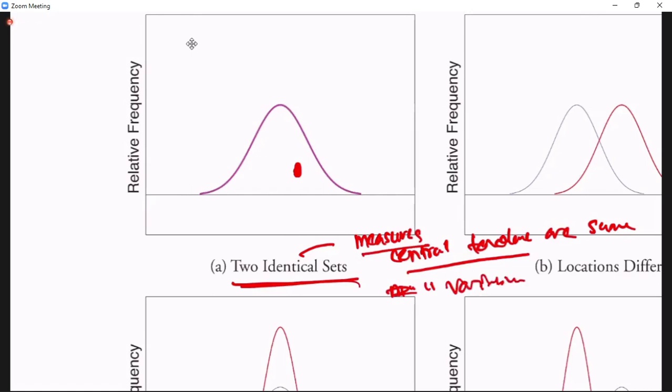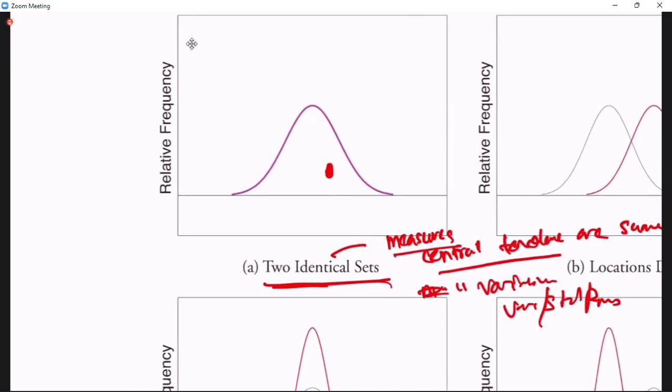They are also the same. Variance, standard deviation, range, every measure of central tendency and measure of variability is the same for the first two given distributions. Understand? That's why we say we have two identical sets.